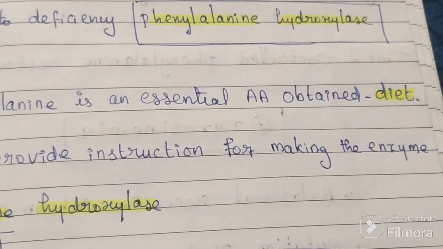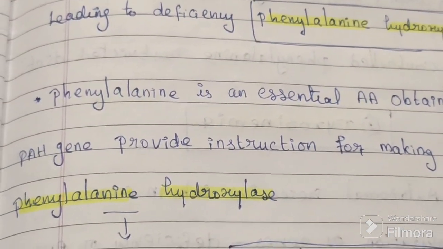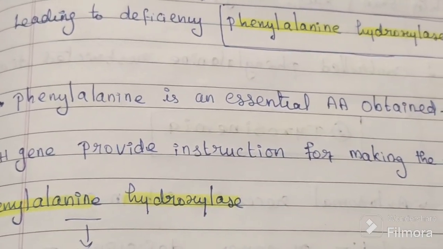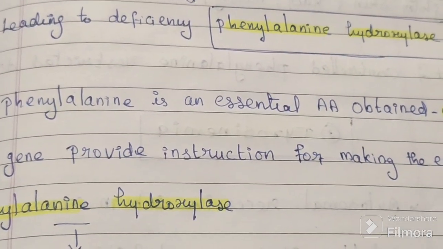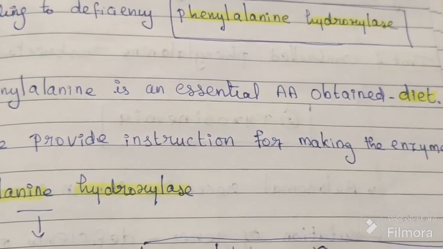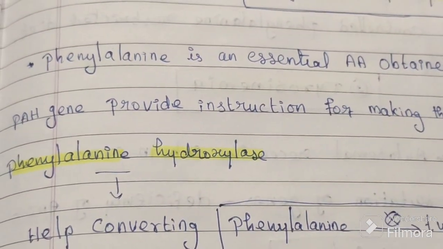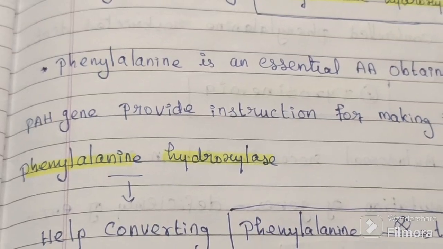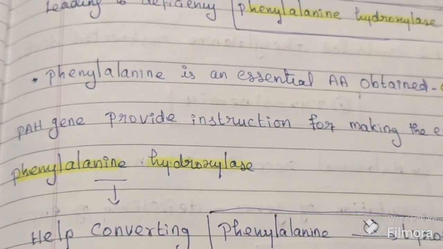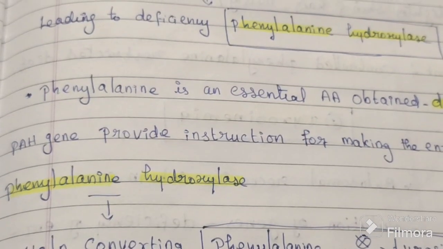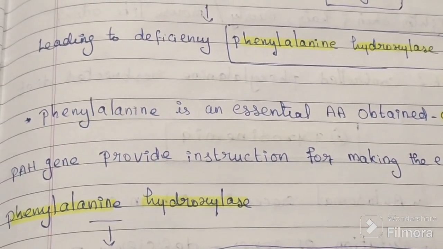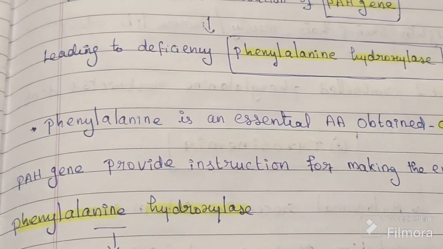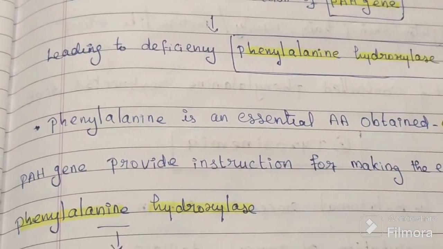The PAH gene provides instruction for making the enzyme phenylalanine hydroxylase, which helps in converting phenylalanine to tyrosine and other important components in the body.